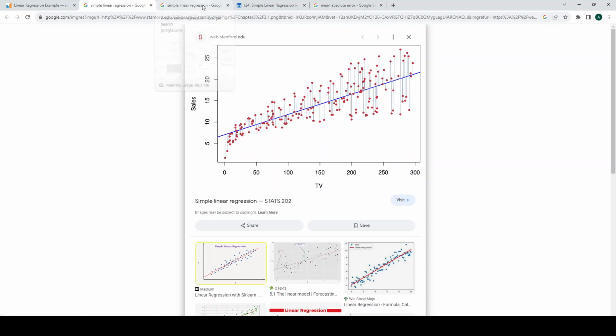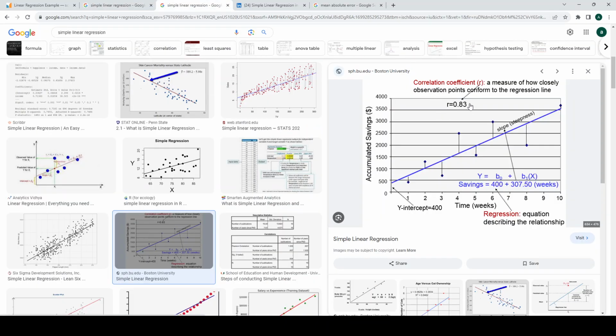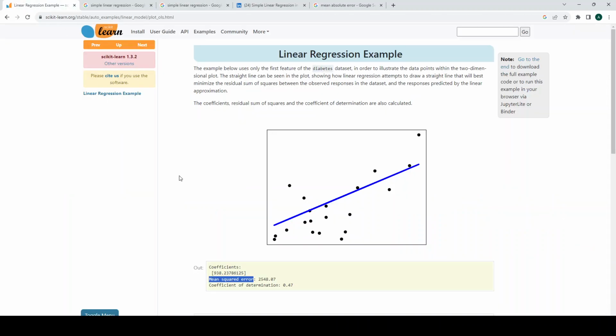The other assumption is definitely that there should be some linear relationship, and that we can check from the correlation coefficient. So these are some of the assumptions, and I just touched upon some of the key concepts, and I highly encourage that there is so much literature available, and you can spend some time reading that.